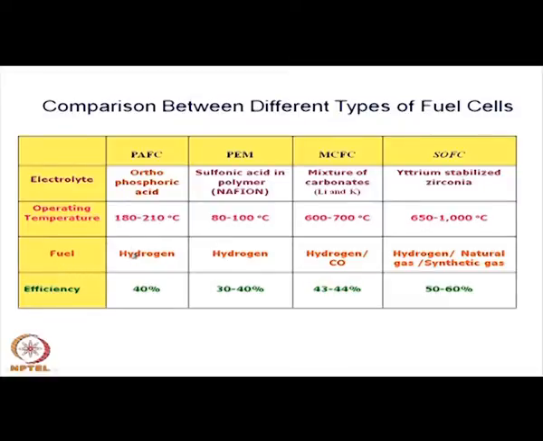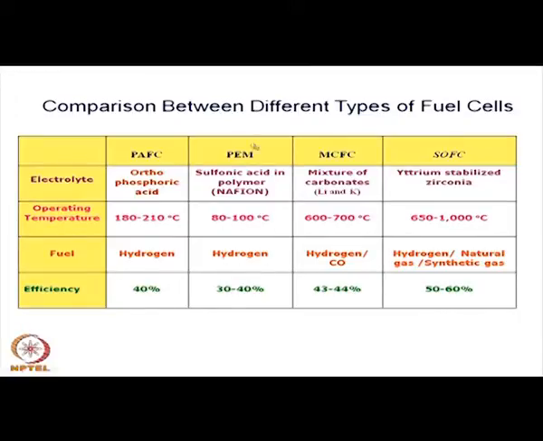Fuel, what is the kind of fuel? In all these, particularly phosphoric acid fuel cell and PEM fuel cell, the polymer electrolyte fuel cell, one needs very pure hydrogen, not contaminated with certain species like carbon monoxide and so on.